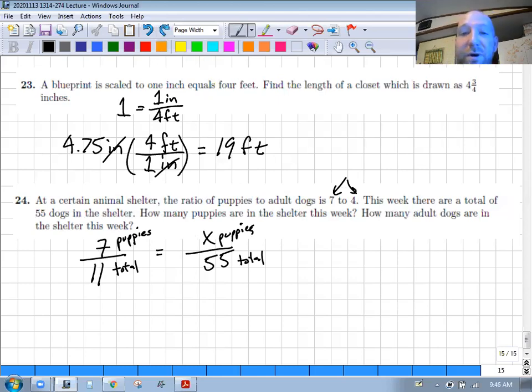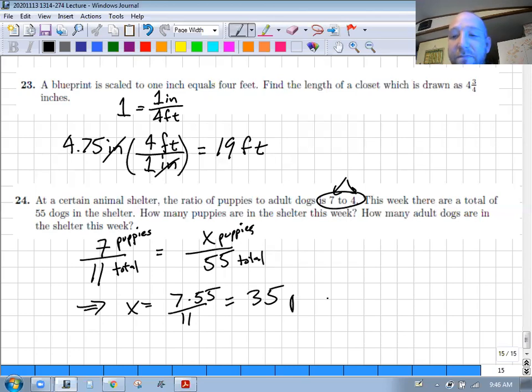So number of puppies to the total, right? Because this is the ratio. It's 7 to 11. It's going to be the same as x to 55. So x would be 7 times 55 over 11. 7 times 55 divided by 11 is 35 puppies. 35 out of 55.